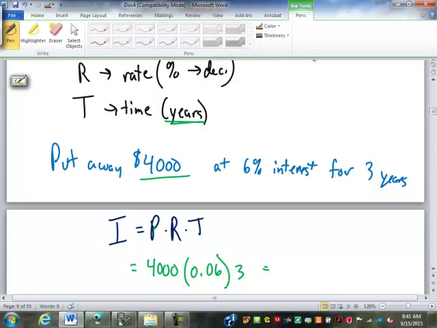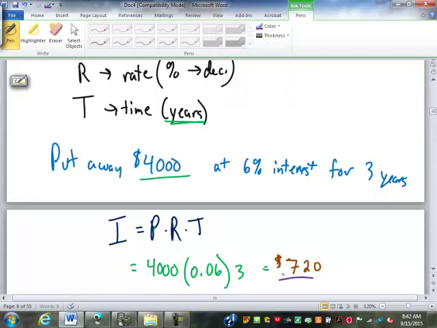So if we multiply that out, 4,000 times 0.06 times 3, that gives us, what is that, $720? Is that right? Somebody double check me. Yep, okay, good.